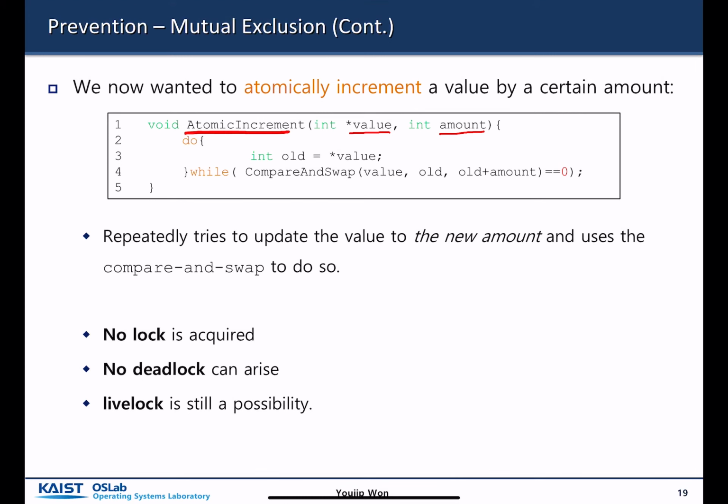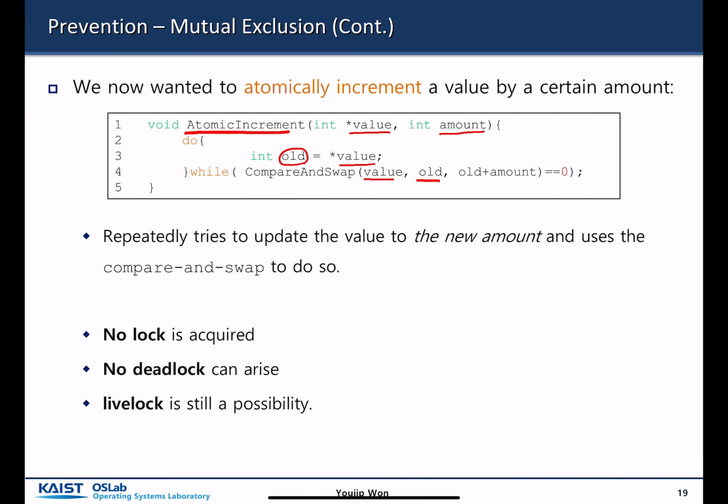Using compare and swap, it first retrieves the value at the memory address into the variable old and checks whether the value at the location and old are the same. And if they are the same, then it gets out of the loop.